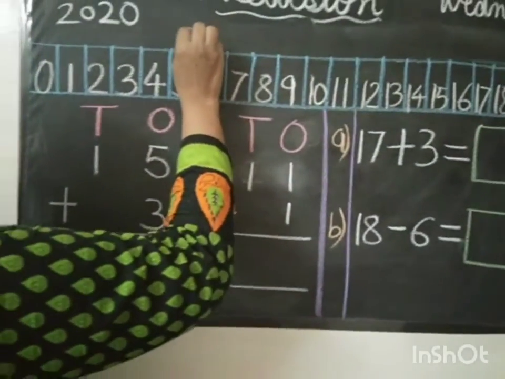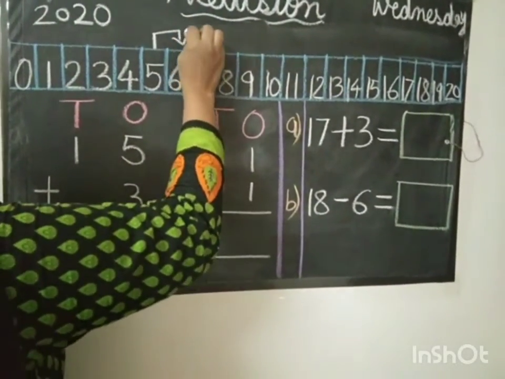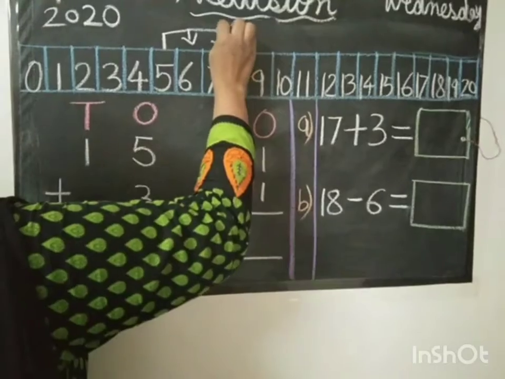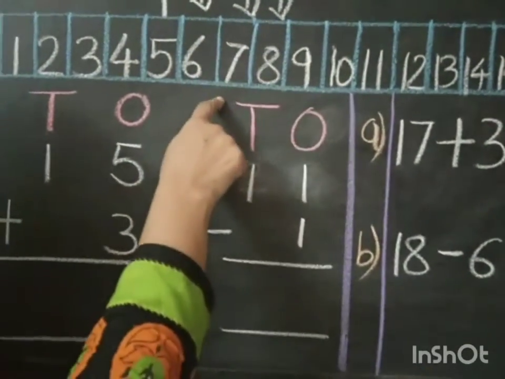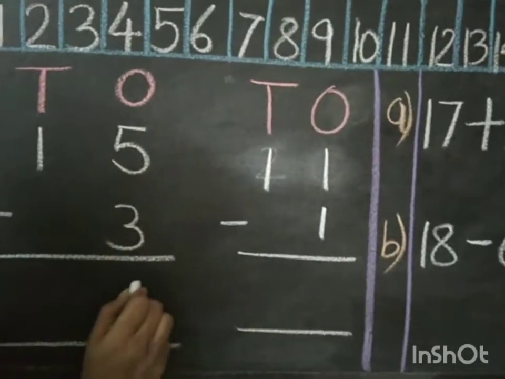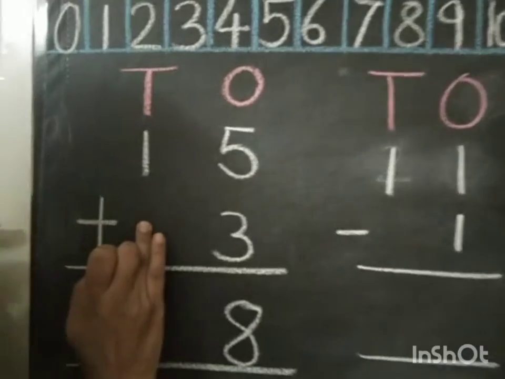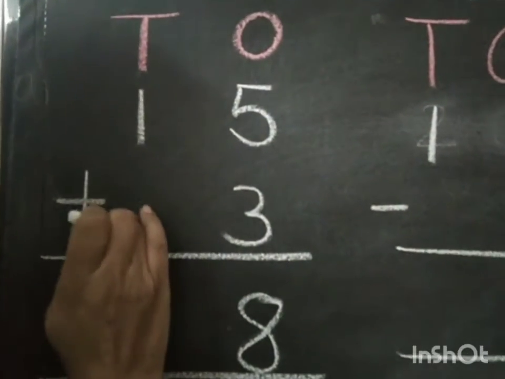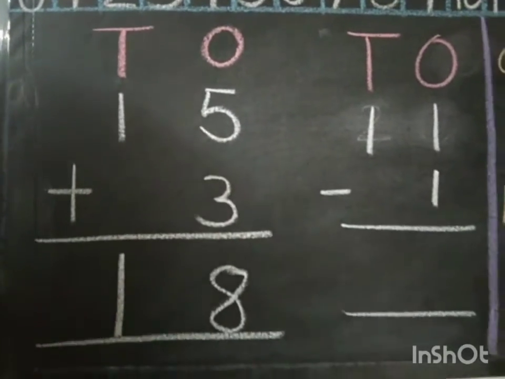The first number is 5. Okay. Then 6, 7 and 8. 3 times when we add, the answer will be 8. Then 1 is here. Here nothing is there. So we will assume that 0 is there. So 1 plus 0 is equal to 1. 1 will be like that only.